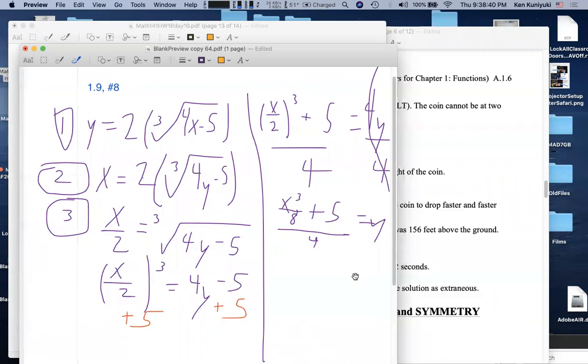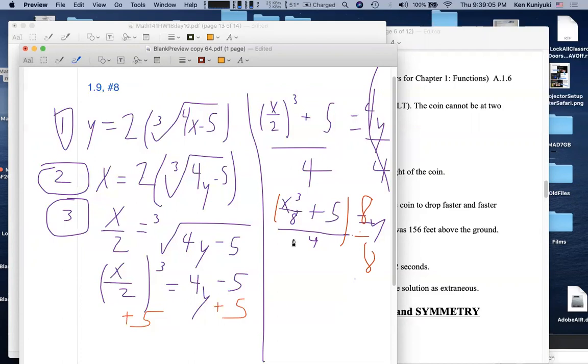Okay, now the problem is that we have here a compound fraction, all right? How can we clear the compound fraction? Multiply top and bottom by 8. All right.